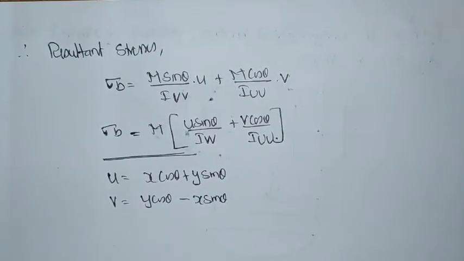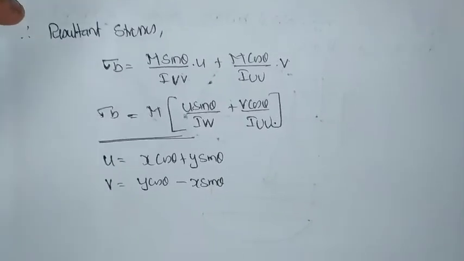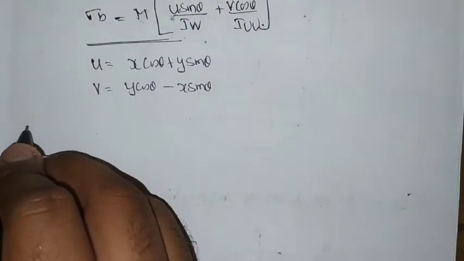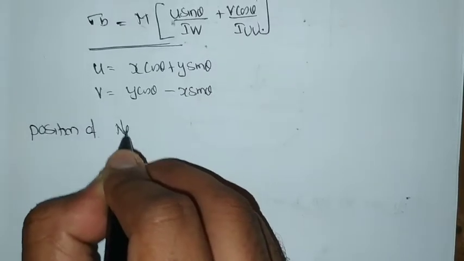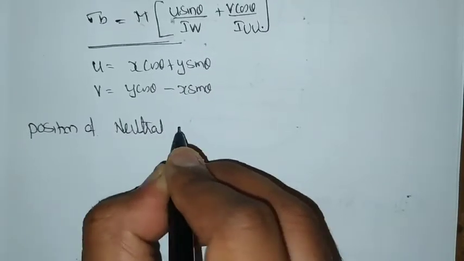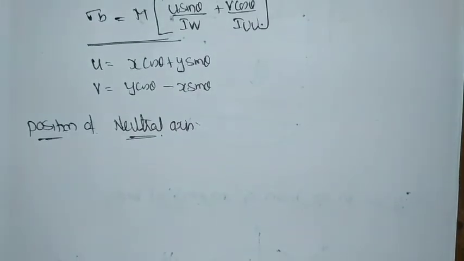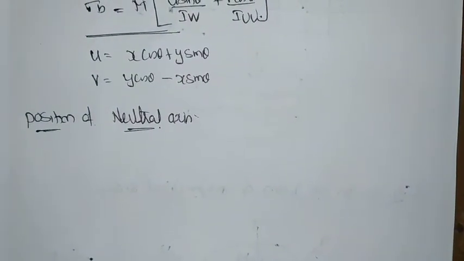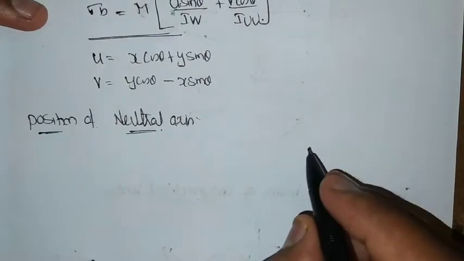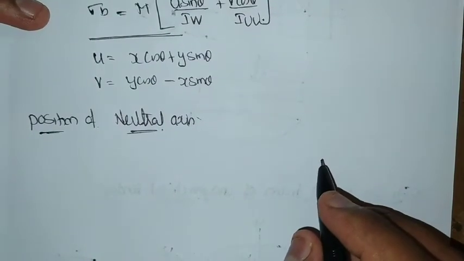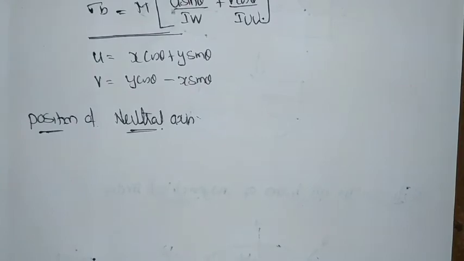So now the stresses we have found out. Next we have to find out the position of the neutral axis. The position of the neutral axis is nothing but where the resultant bending stress becomes 0.